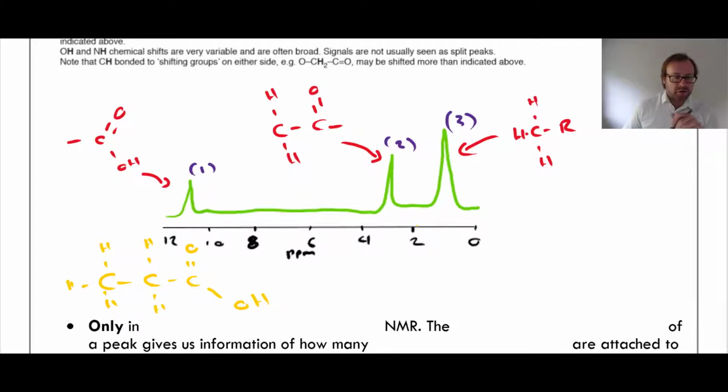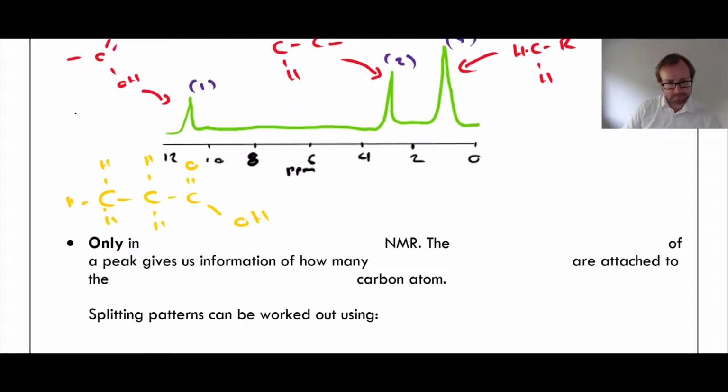It is helpful to keep practicing these, so have a look at this again and see if you can figure out which proton is in which hydrogen environment. Okay, moving on.